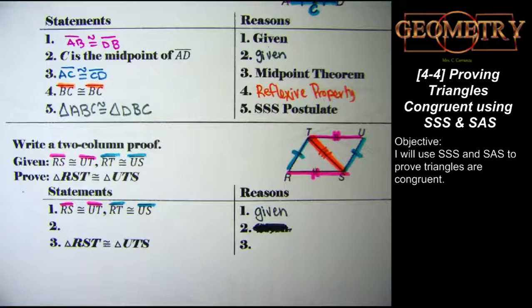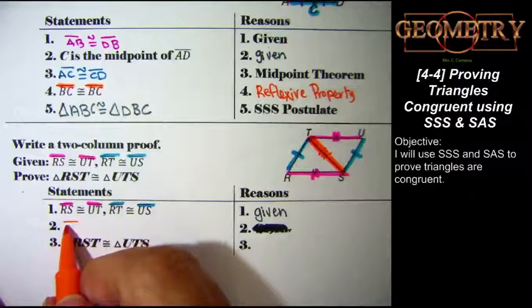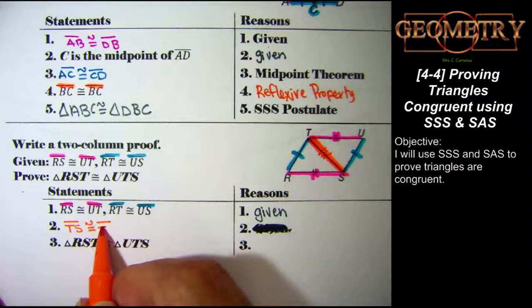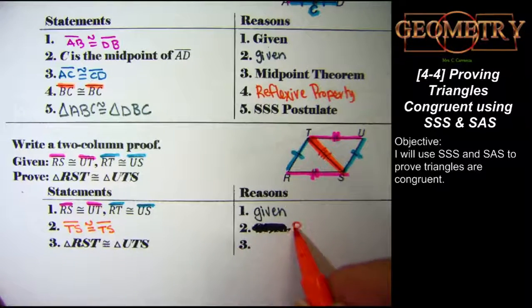Yes. The reflexive property of congruence allows me to say a thing is congruent to itself. And even though that segment is related to two different triangles, it's still the same segment. And that'll be line segment TS is congruent to line segment TS. Perfect. Thank you for the correction mid-sentence.